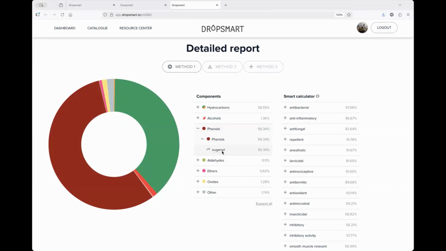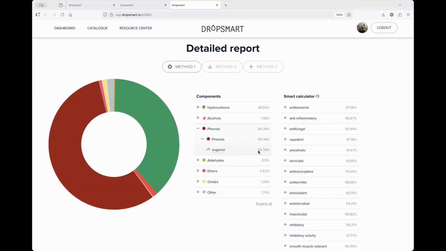So Eugenol is interesting because it actually has two functional groups, phenol and ether, but we decided to keep it under phenols in Dropsmart, particularly for that reason, because it's rough on the skin.